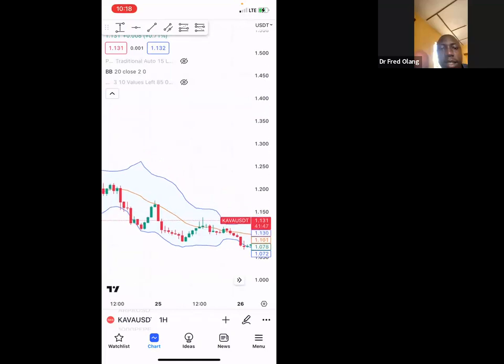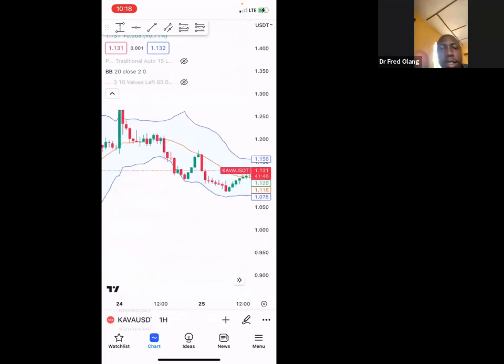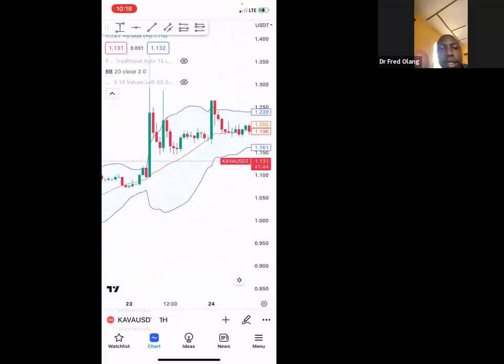Now, what does that mean? When you get this band on your phone, it might show different colors.